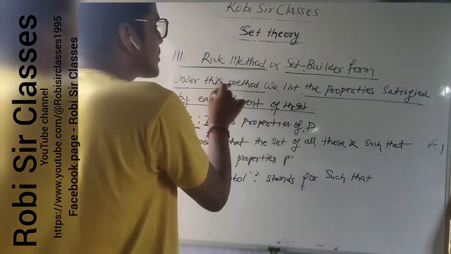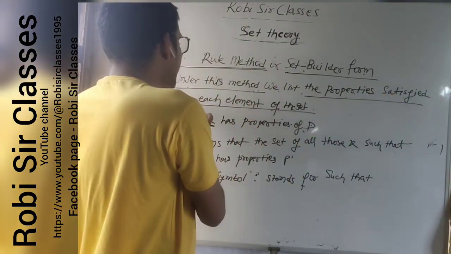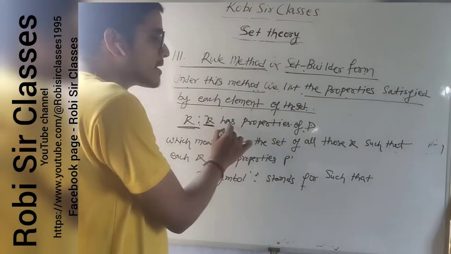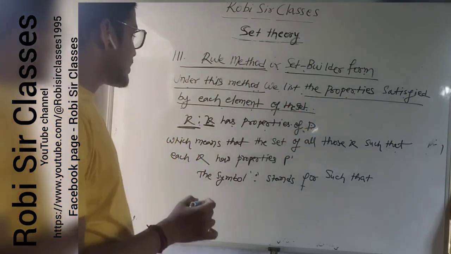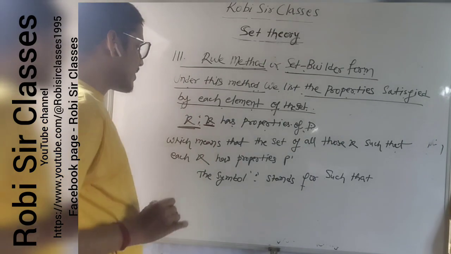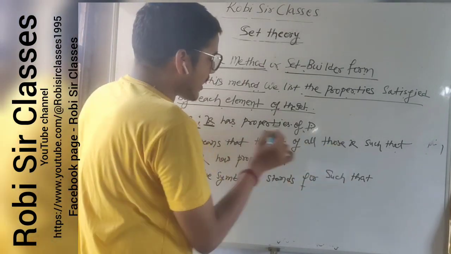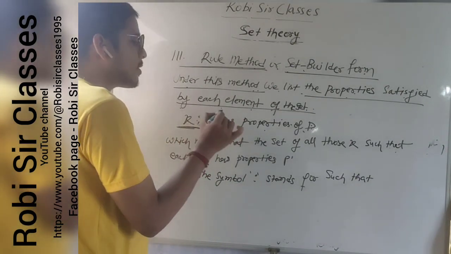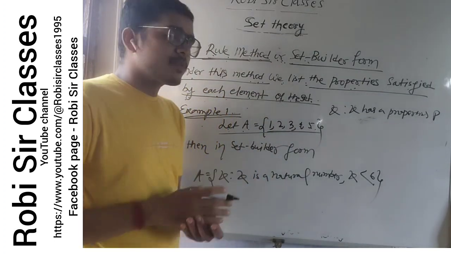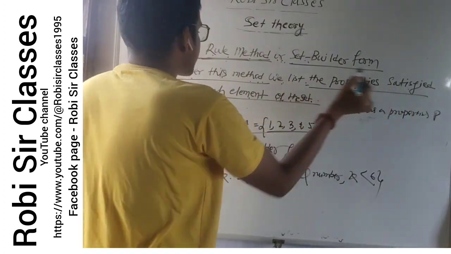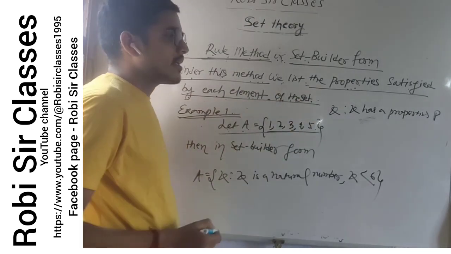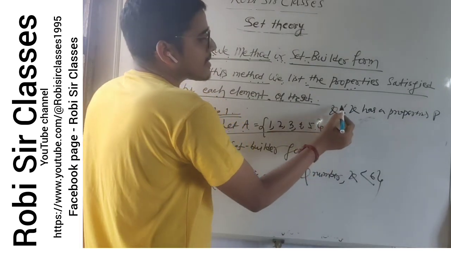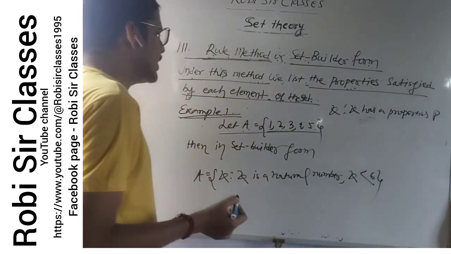The statement is, under this method we list the properties satisfied by each element of the set, that is x, such that x has property P. The symbol stands for "such that", which means the set of all those x such that each x has property P. We read this symbol as "such that": x such that x has property P.